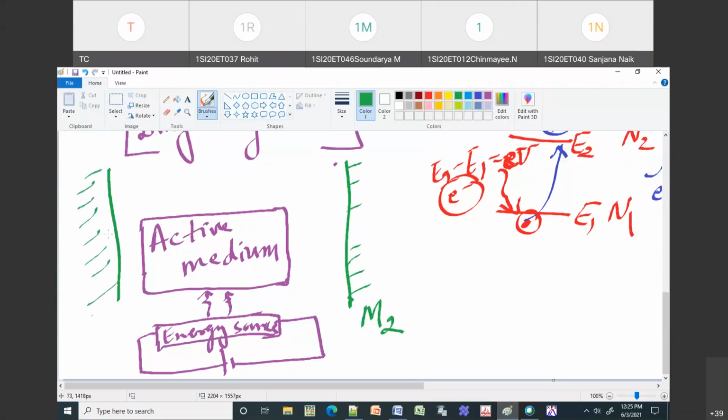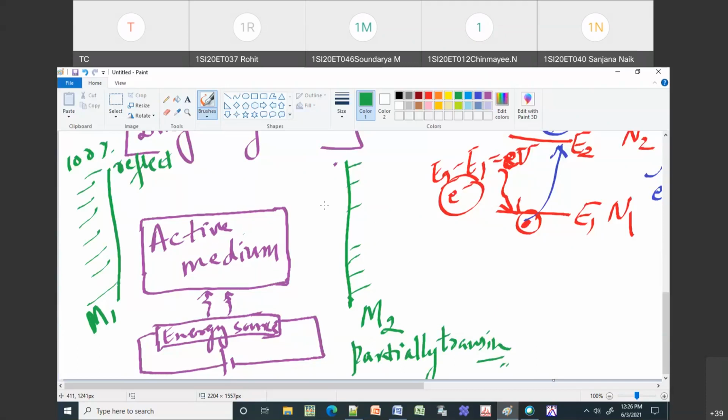I will call this 100% reflecting. Okay, and your M2 is partially transmitting. So in that case, what happens? Your active medium is going to give out some photons. It may be coherent photons.